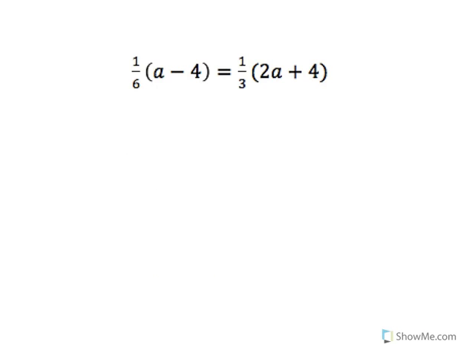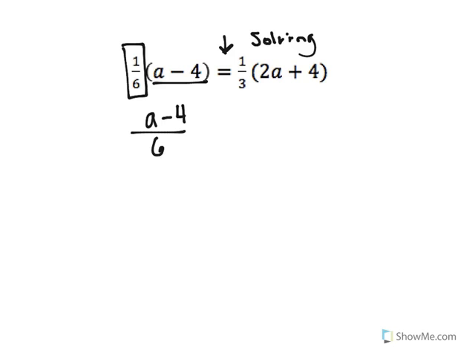What about here? Here I have an equal sign, so this means I will be solving the equation. So remember, we have a fraction separate from this piece here. I need to combine them together before I do anything else. Same thing here, I have a fraction separate.